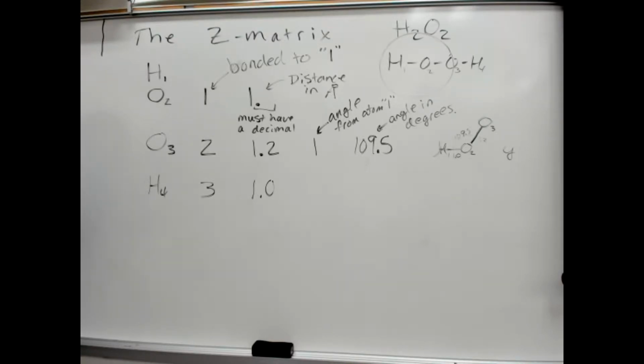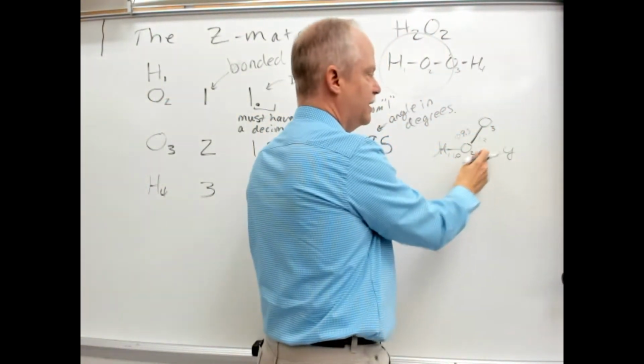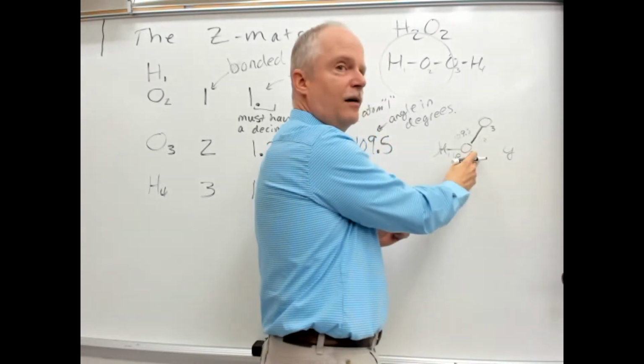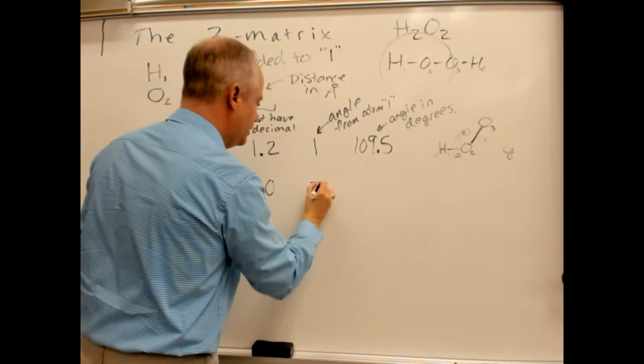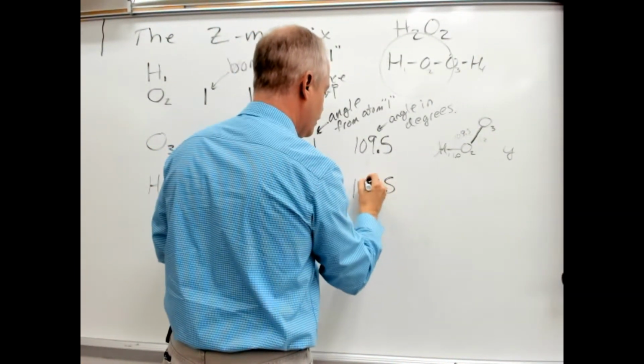An angle has to be referred to a third atom. So we have a hydrogen bonded to 3. It's probably easy to define that angle with respect to atom 2. So we'll put 2 here and 109.5 for the angle.